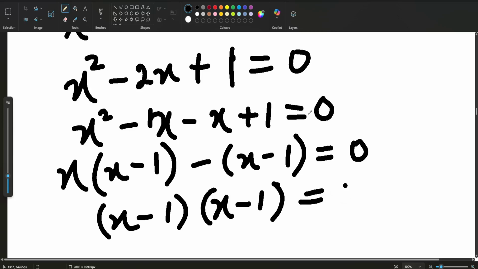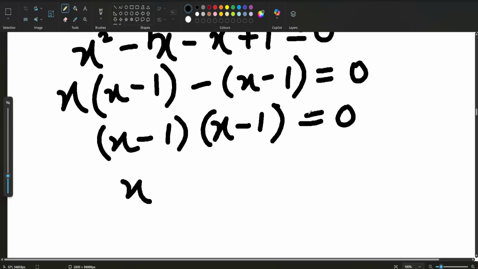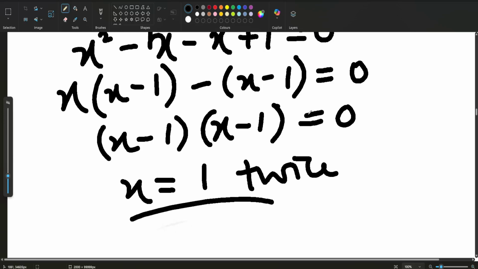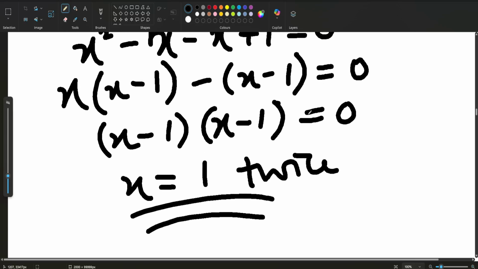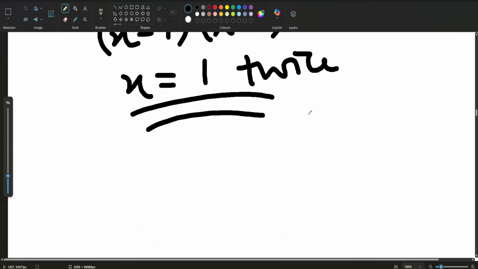So this is now going to be x will be equal to 1 twice. So you can see x is equal to 1 here from this equation. So in that situation, we say that x is twice. So the final answer of this is just x is equal to 1.